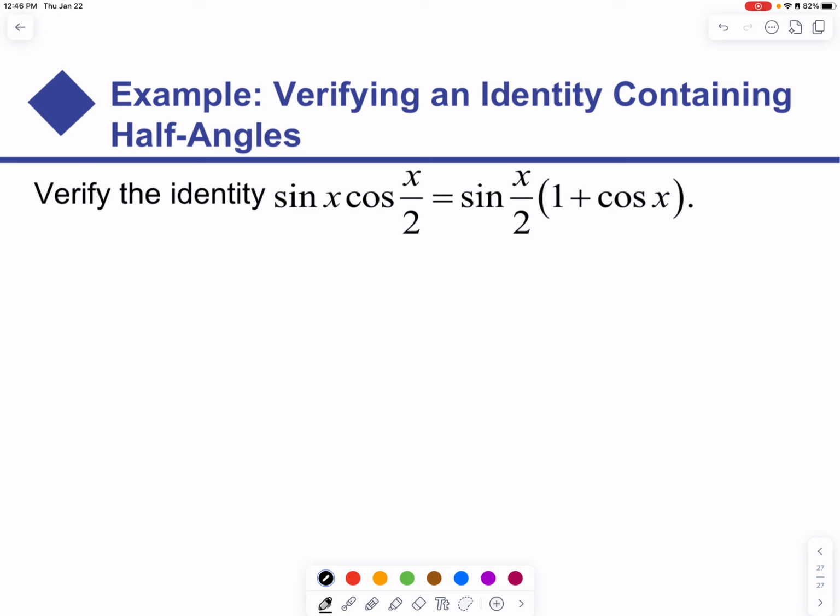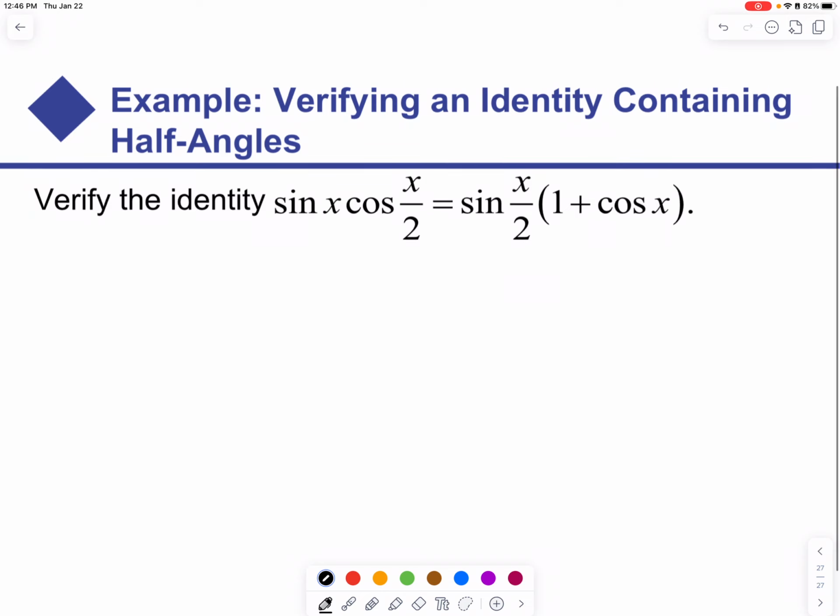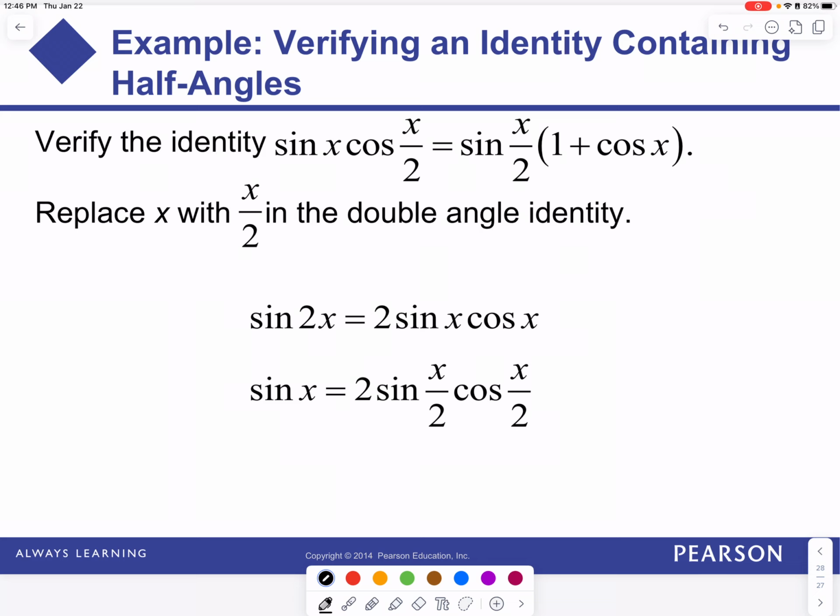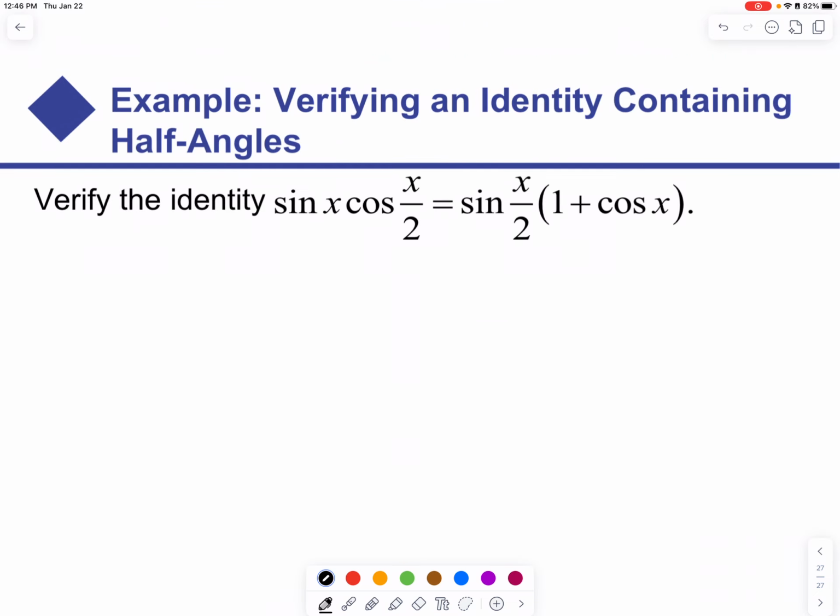Replace x with what? x over 2, let me think. I'm gonna look at my notes real quick. Replace this in the double angle identity. Okay, so let's do that.